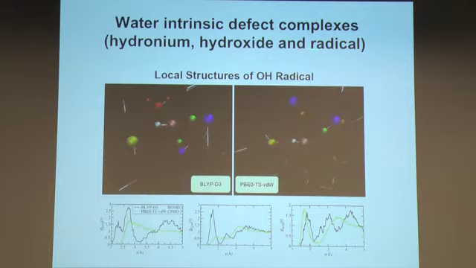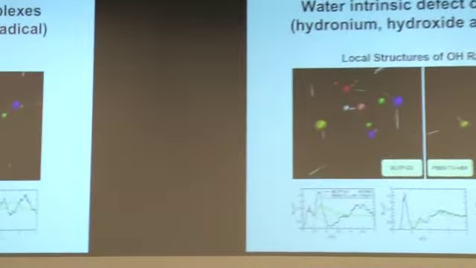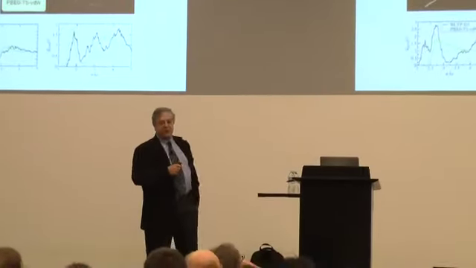The hydronium and the hydroxide are stable defects, so one is positively and the other is negatively charged. So this is neutral, and so again, going back to my old days as a semiconductor guy, this kind of complex is an example of what in the semiconductor physics community was called an Anderson negative U system.